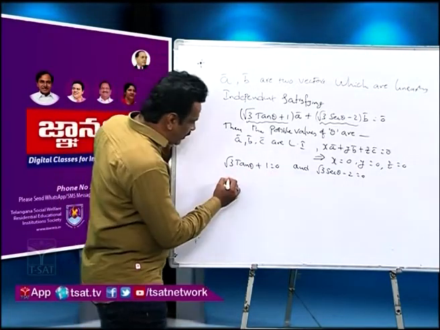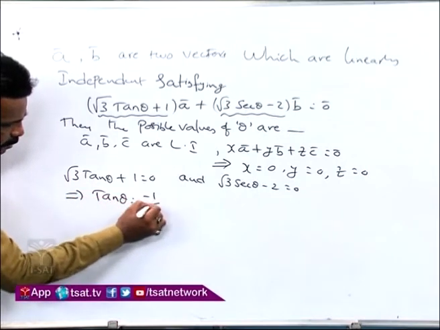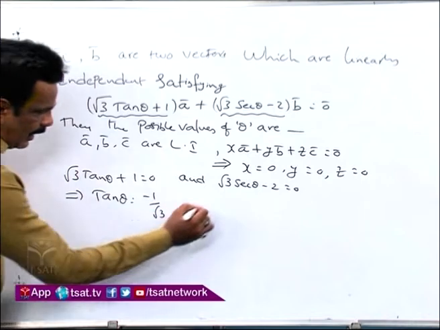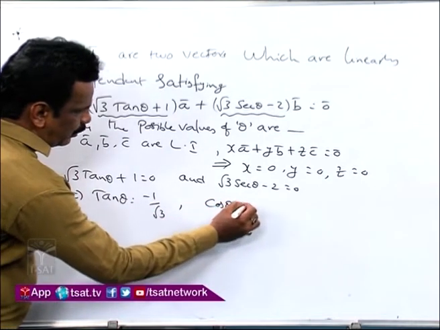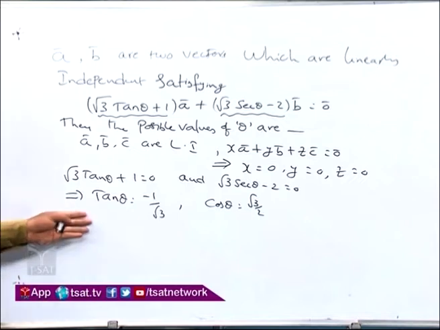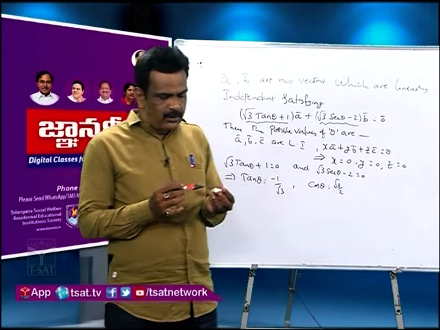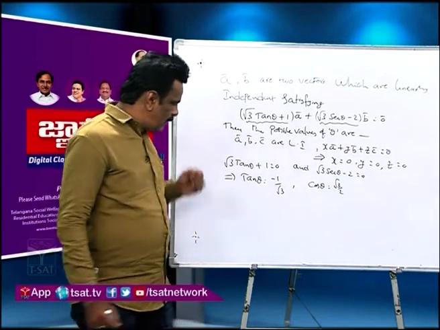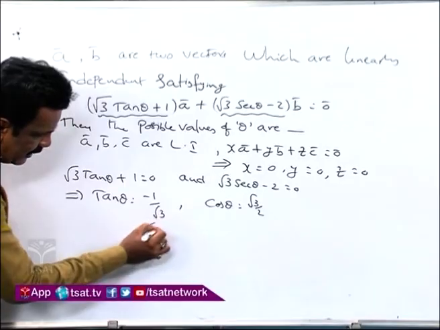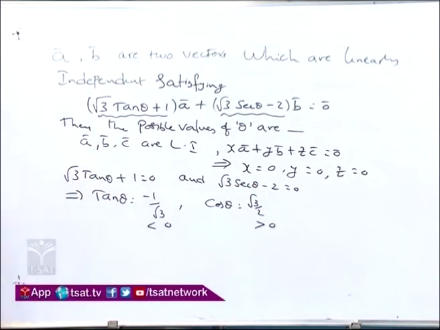We can write from this tan theta equal to minus 1 by root 3 and cos theta equal to root 3 by 2. So here we have come across trigonometric equations, that two equations simultaneously we must solve to find the values of theta. So identify here tan theta is a negative quantity and cos theta is a positive quantity. So we must remember one more formula.